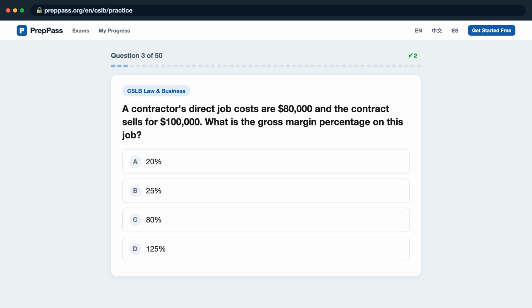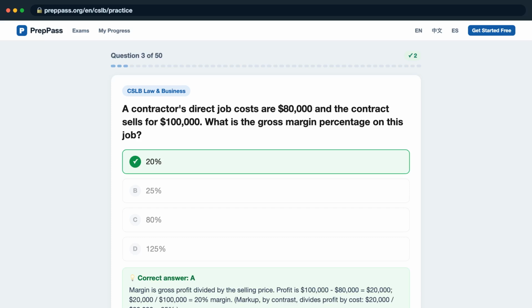Question 3. A contractor's direct job costs are $80,000 and the contract sells for $100,000. What is the gross margin percentage on this job? Is it A, 20%? B, 25%? C, 80%? D, 125%?